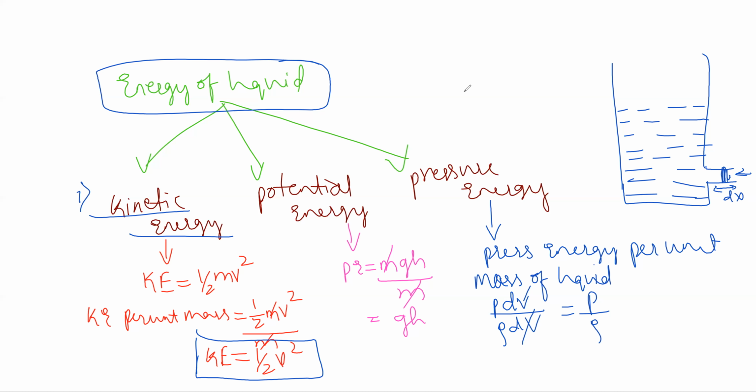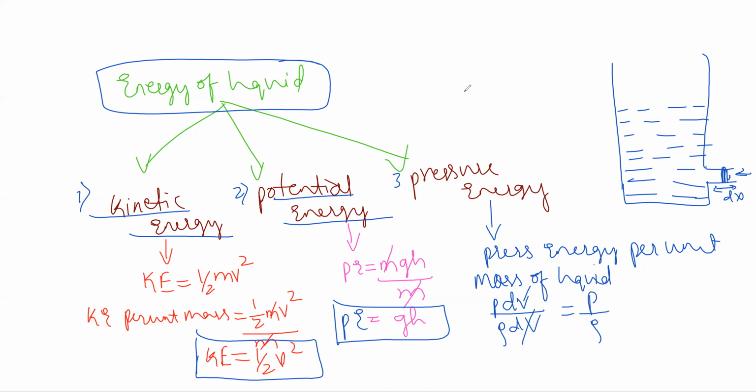Per unit mass, we divide by m. Therefore, kinetic energy is half into v square, where half is the constant and v is the velocity of the particle. Second is potential energy, represented by mgh. Potential energy per unit mass is mgh divided by mass. Mass gets cancelled, and potential energy is given by g into h. g is acceleration due to gravity, h is the height.